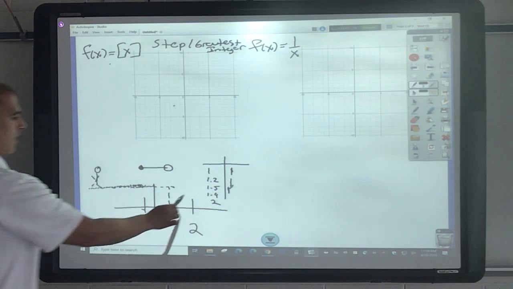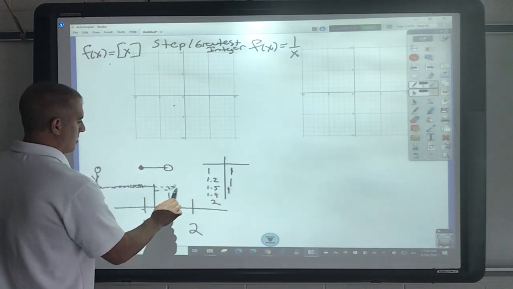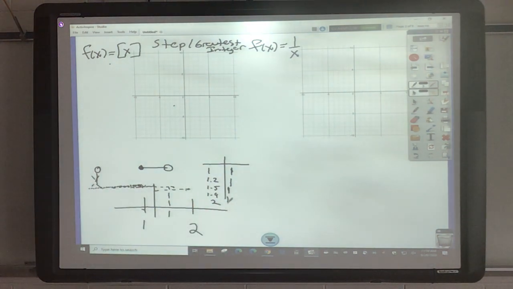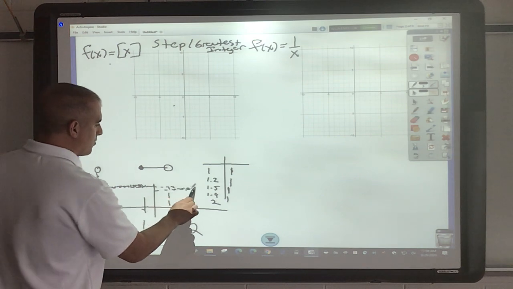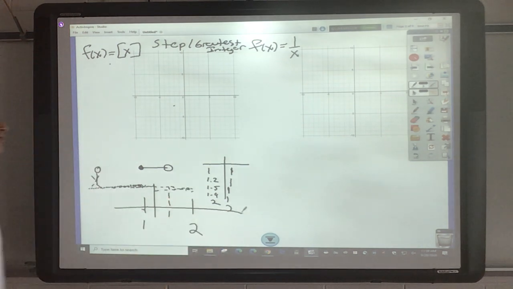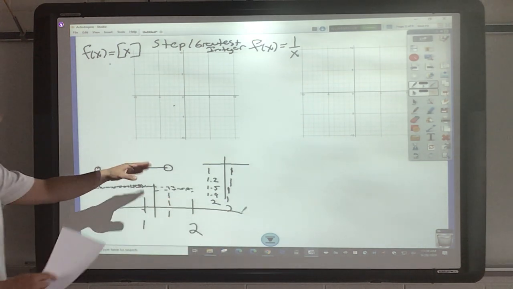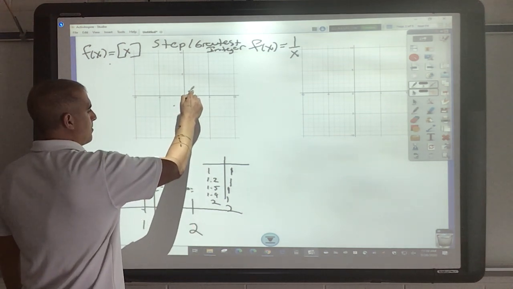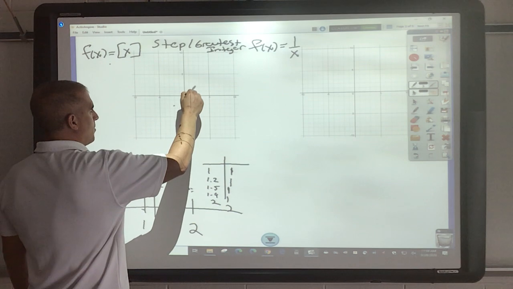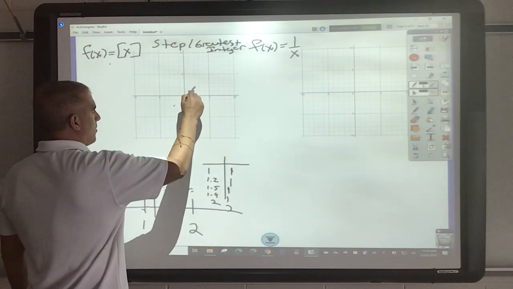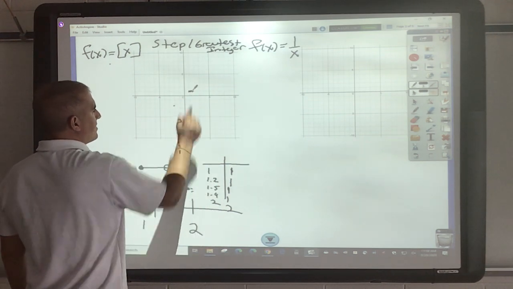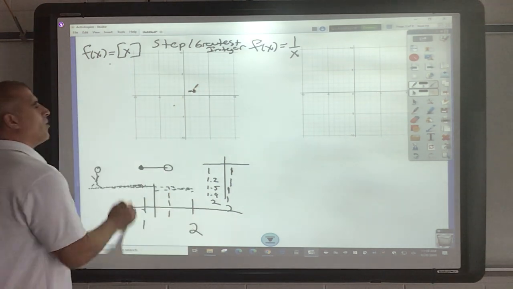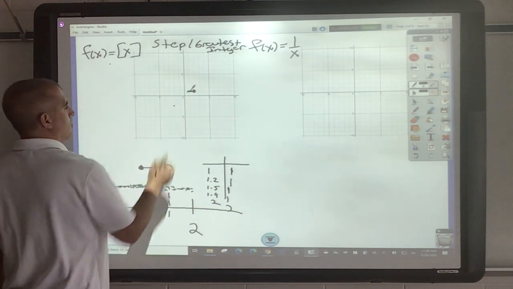At 1.9, the greatest integer I've passed is still 1. It changes when I get to actually 2, and it jumps to 2. So if I plot all those out, 1 over, 1 up, 1.1, 1, 1.5, 1, they all basically create a step there, and then it would change once I got to 2.